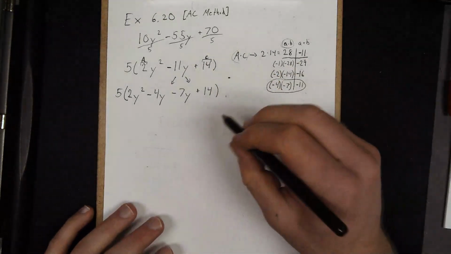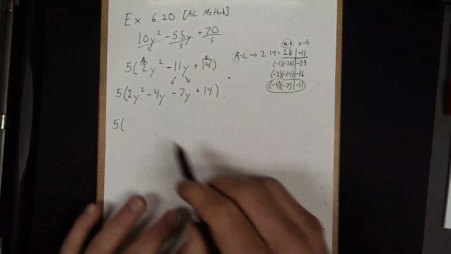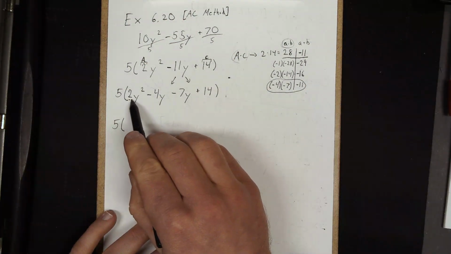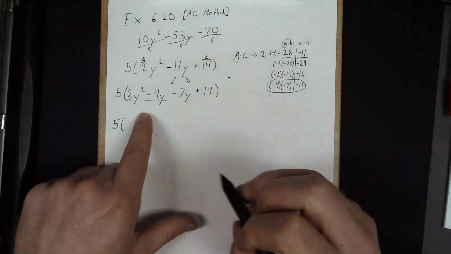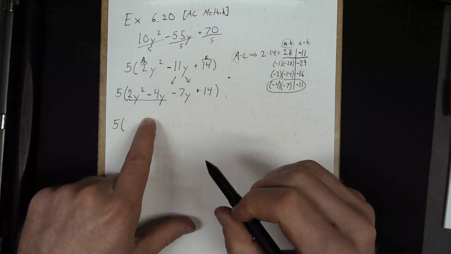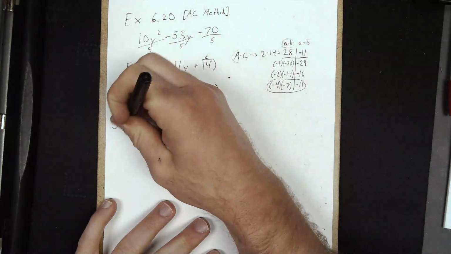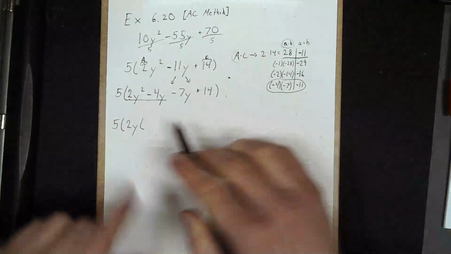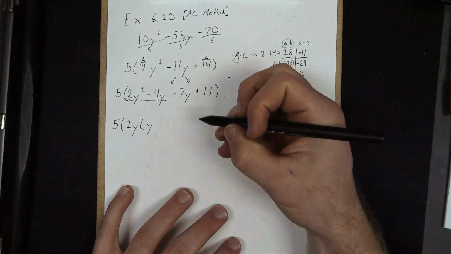Okay, so now last step, we're looking at these two terms first. So we're asking ourselves what can go into both of these terms. So we see a 2 goes into both of these and a y goes into both of these. So 2y times y would give us 2y squared.